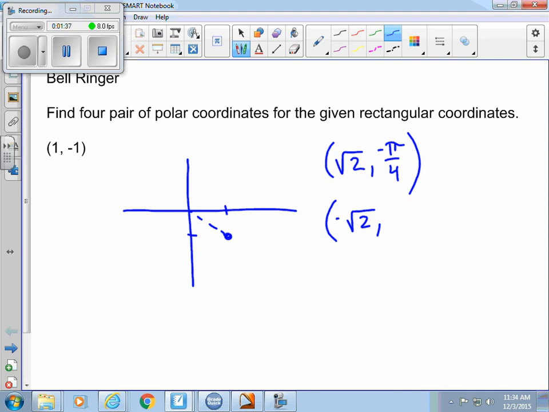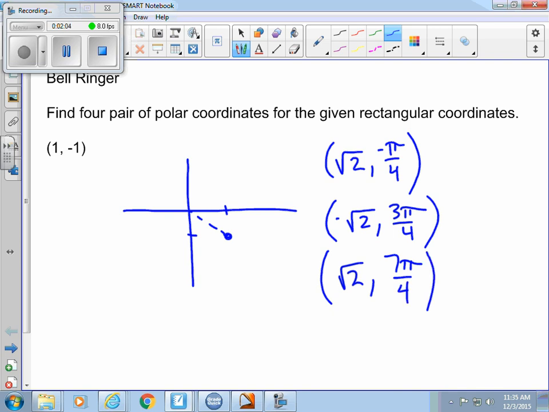Good, so we do 35 or 4. Go to the positive, instead of negative 5 or 4, do 7, 5 or 4. Good. You got a lot of options.